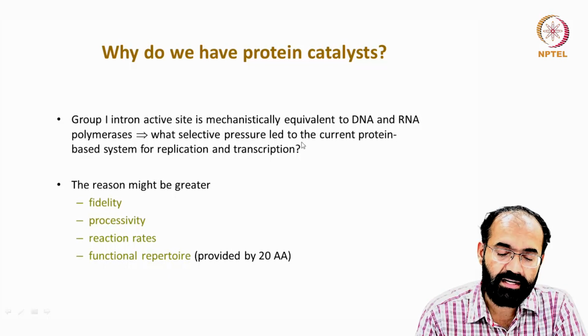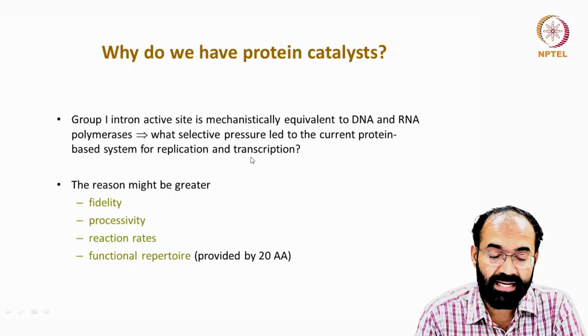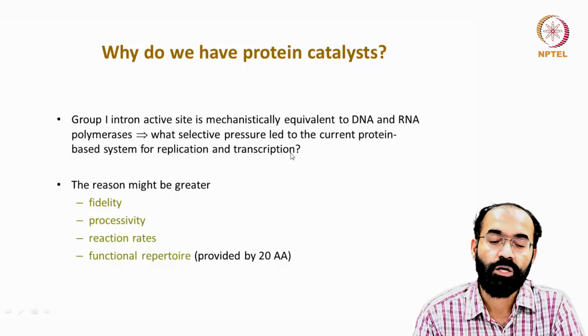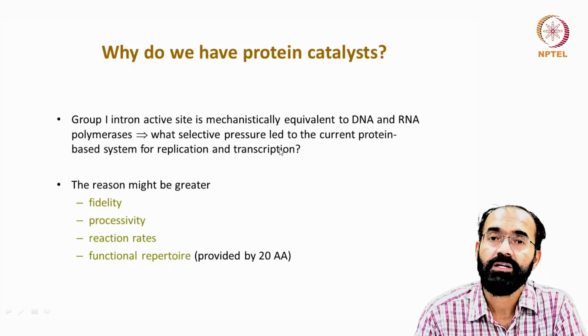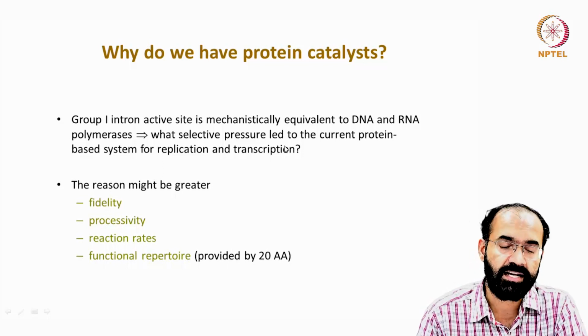What selective pressure led to the current protein-based system for replication and transcription? Because in the modern world, no DNA replication happens without a protein, no RNA production happens without a protein. That means the job which was done by the ribozyme is now almost completely taken over by protein enzymes. Is there a reason behind it?